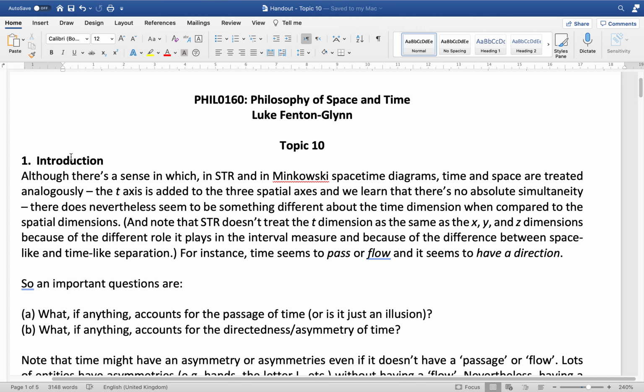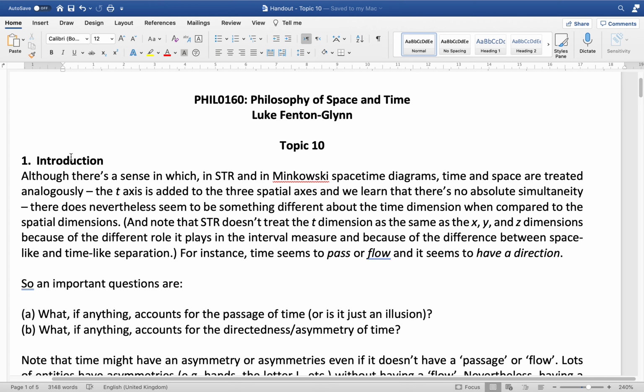But despite these broad analogies between time and space in contemporary physics, they're not treated in exactly the same way. For instance, even in the special theory of relativity, the t dimension plays a different role in the interval measure than do the x, y, and z dimensions, the spatial dimensions.